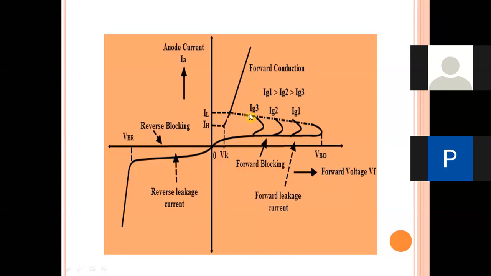If the gate current is 30 milliamps, then the voltage required here is 30 volts. 30 volts, 50 volts, 80 volts. So the relation between the gate current and voltage is that whenever the gate current magnitude increases, then ultimately at lower forward voltages the device comes to the conduction.